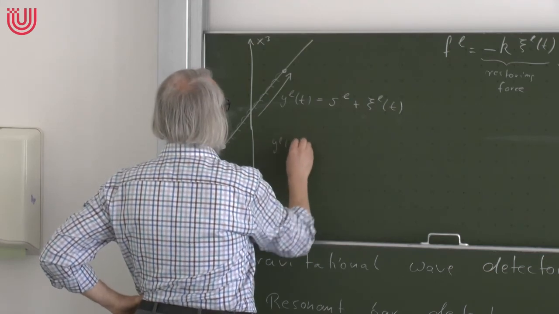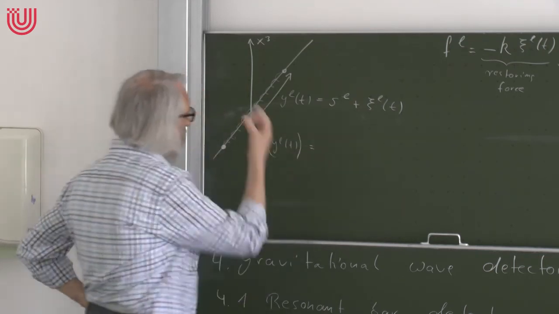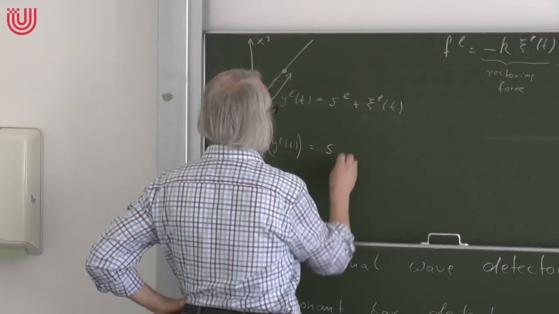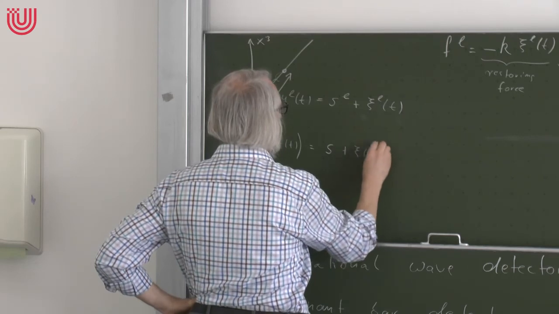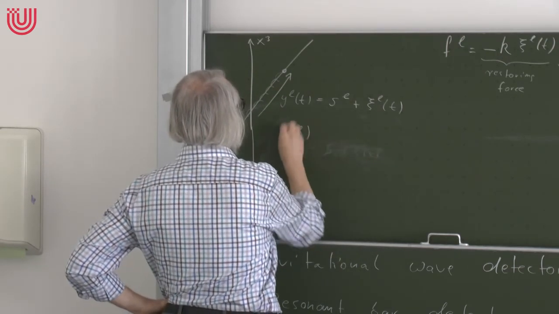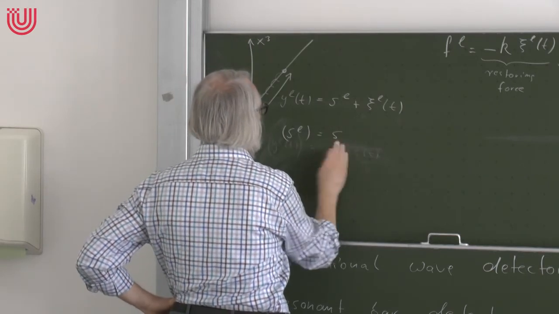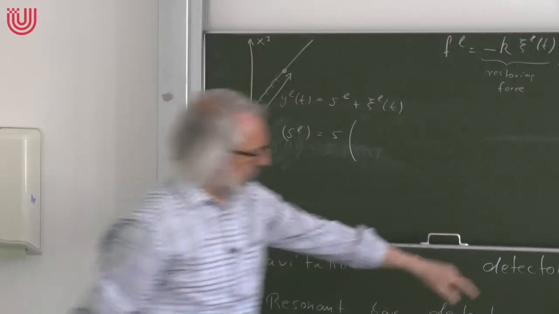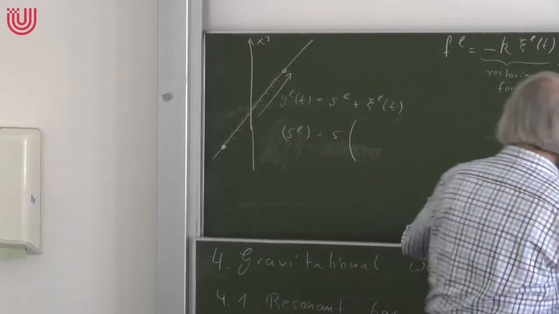YL of t, written as a 3-column vector, is a scalar S plus a scalar, or I write it separately. I think that's better. I write the SL as a scalar S times, well, how did I call the angles? I called them theta and phi as usual.